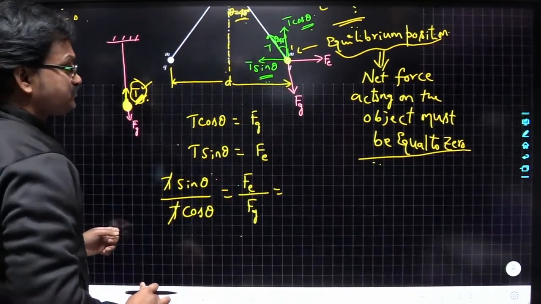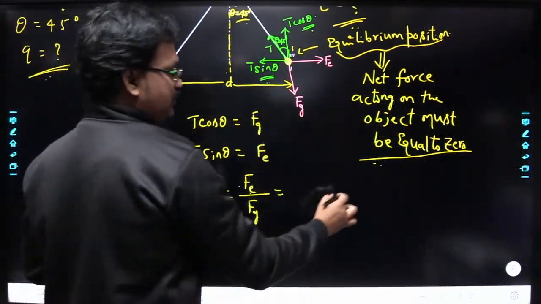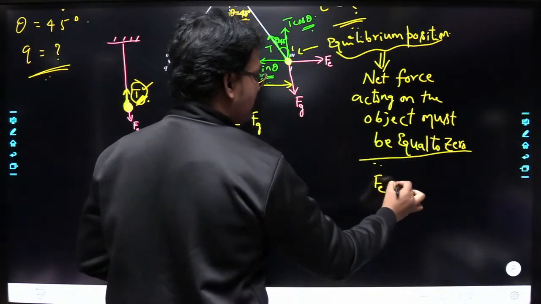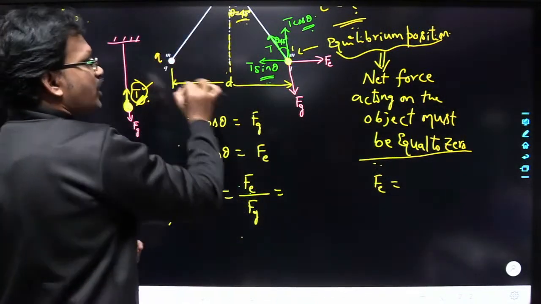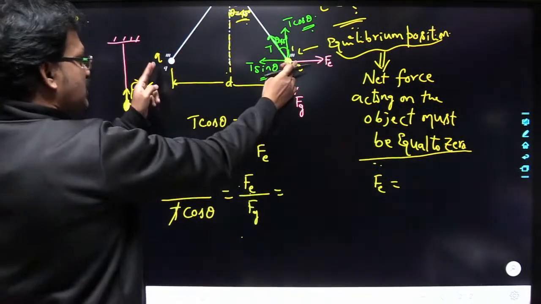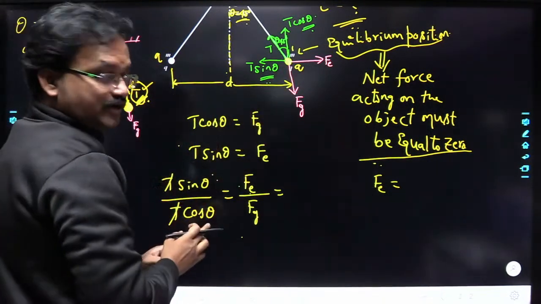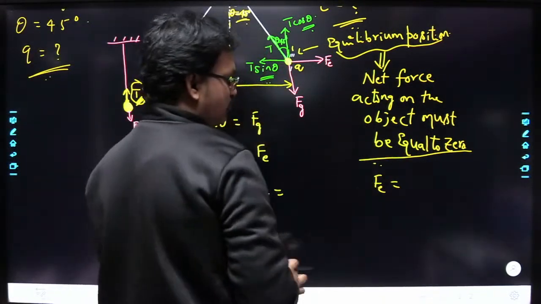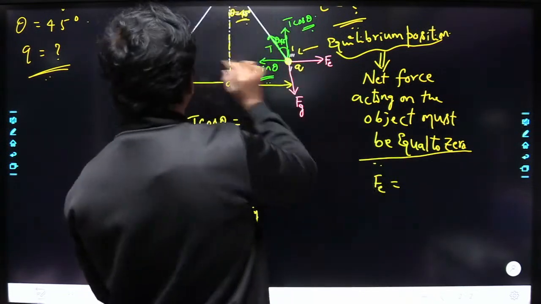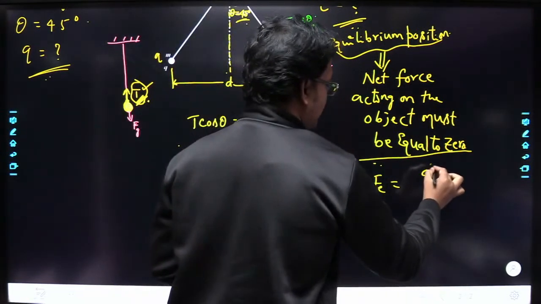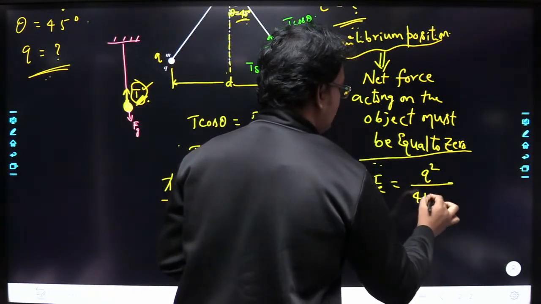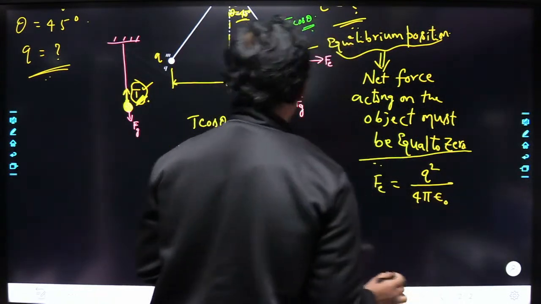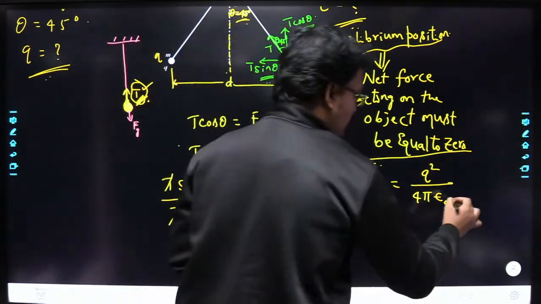Here you have charge q, here also charge q, separated by a distance d. So the electric force is equal to q into q, that is q square, divided by 4 pi epsilon naught into d square.